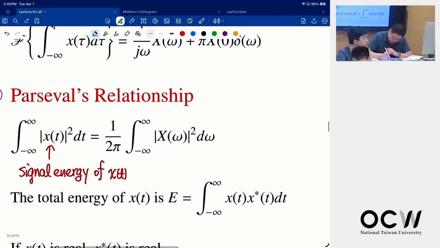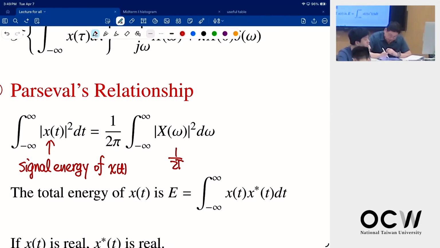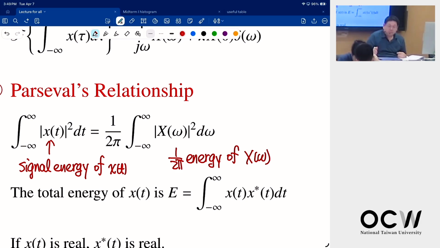And the right hand side is the energy, but I will need to multiply by 1 over 2 pi. Okay, because we use the omega, every time we have this 2 pi term, sometimes 2 pi or 1 over 2 pi.